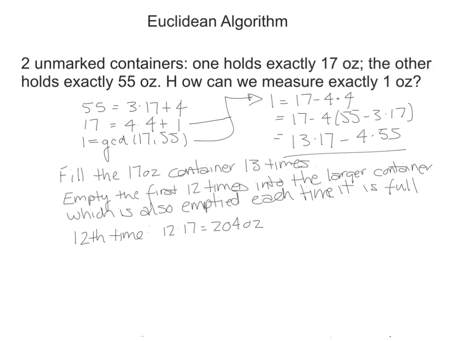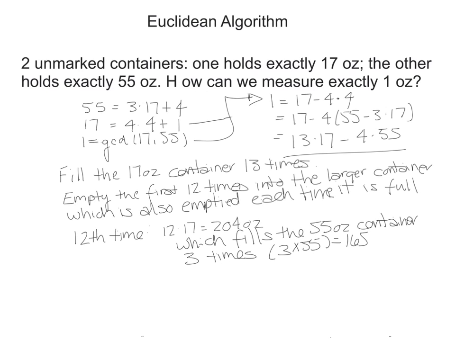So essentially, it's filled the 55-ounce container 3 times, so 165 ounces have gone in. Then on the 12th time, we have 204 minus 165, so after the 12th time, there's 39 ounces left in the large container. It hasn't been filled yet, so it's still not dumped out.